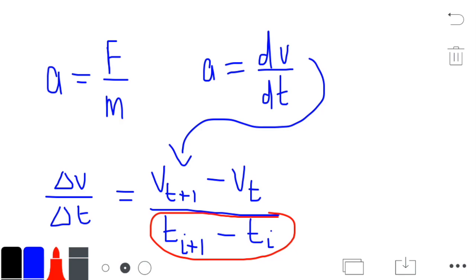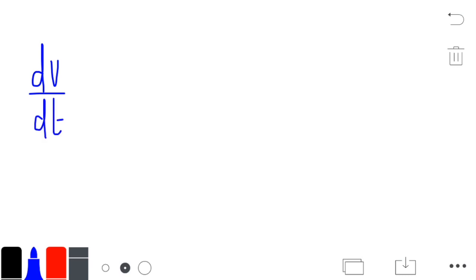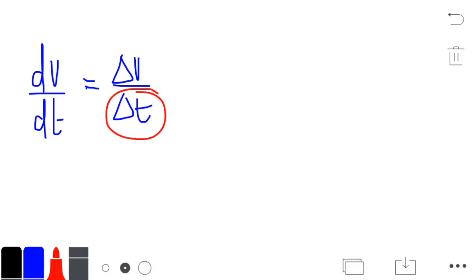Now, the reason why we can approximate the derivative of the velocity with respect to time as delta v delta t is because delta t is finite.